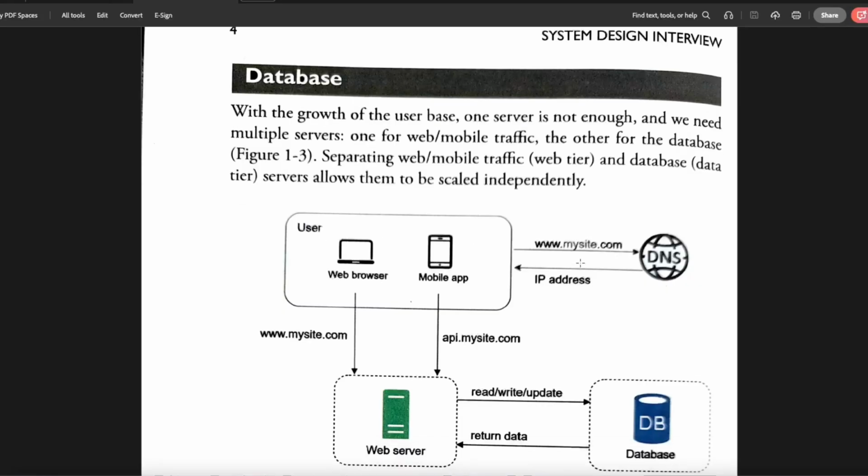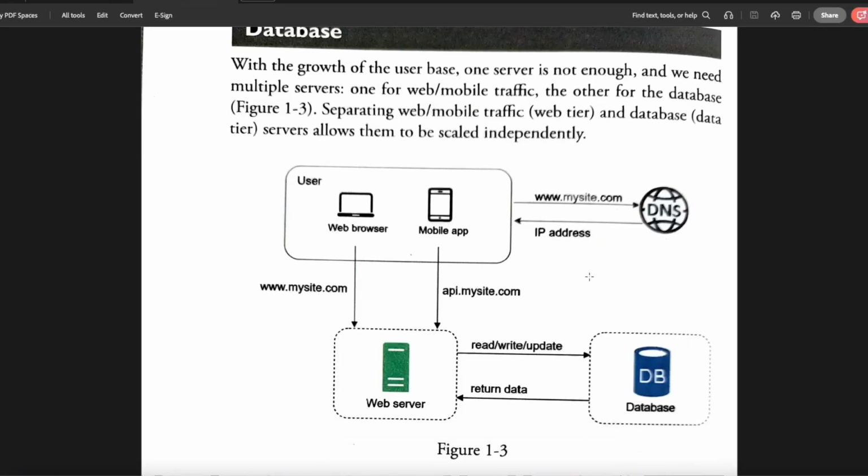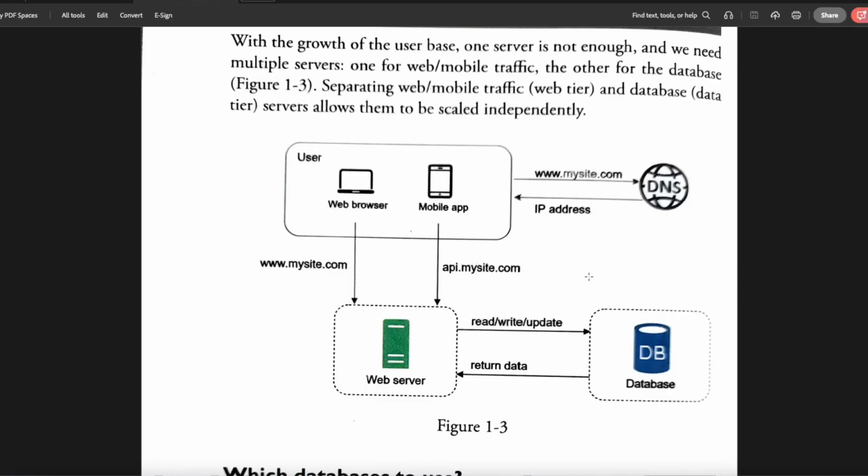In the first topic related to databases, we need to know that as our applications grow, one server is usually not enough. Then a common design pattern is used to separate the system into two layers. So they are the web tier and the data tier. The data tier is usually also known as the persistent layer.